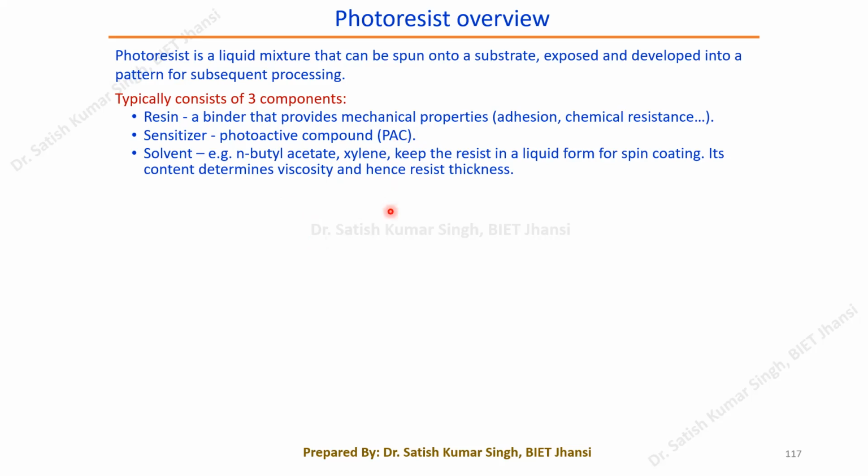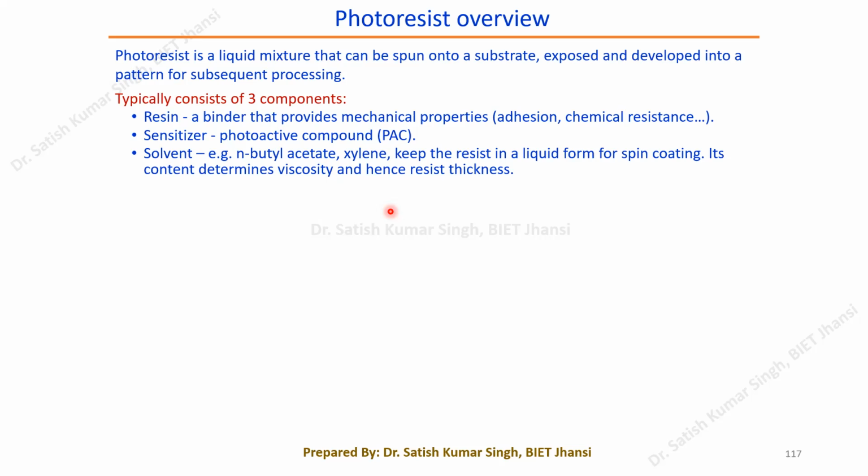So first we need a resin, the base material, and this resin is mixed with the photoactive compound. Then we need a solvent, whose function is to convert this mixture into a liquid form.